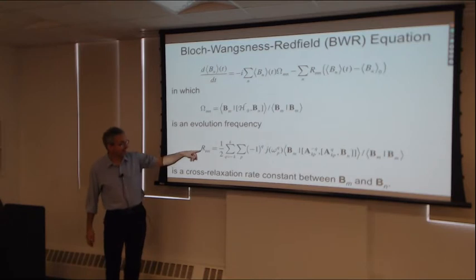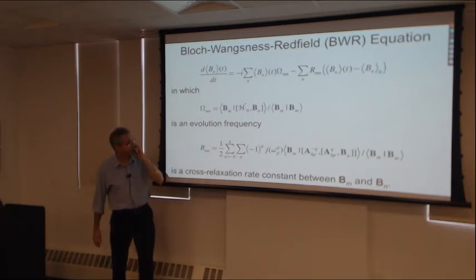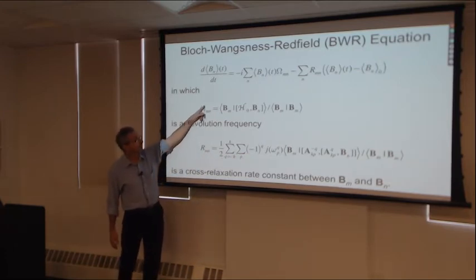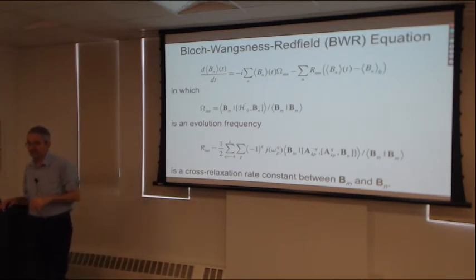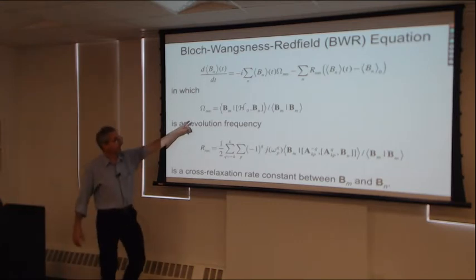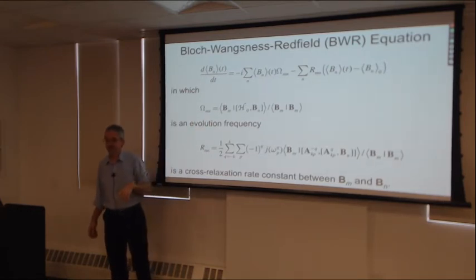And we also have cross-relaxation rate constants defined by this expression. So these capital omegas, for example, could be the chemical shifts. They would also be J couplings. So for a chemical shift, M and N would be identical. And for a J coupling, M and N would refer to the two coupling partners.